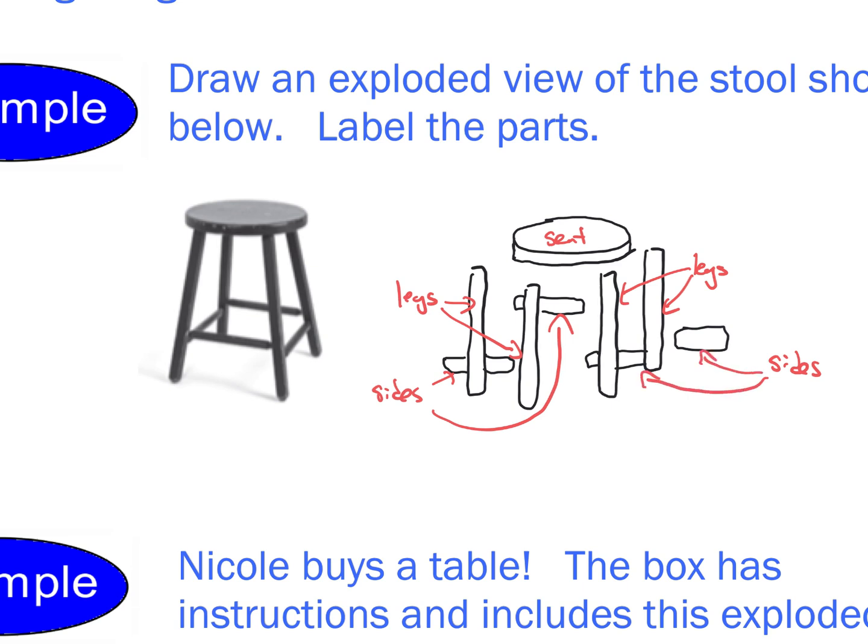There we go. Often when you look at an exploded view diagram, it'll be in various steps. And it'll show you what the diagram looks like after you assemble one part to another part, and then another part to another part, and so on.